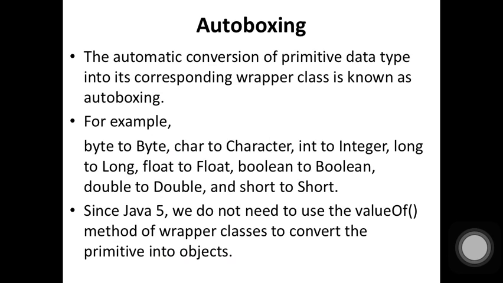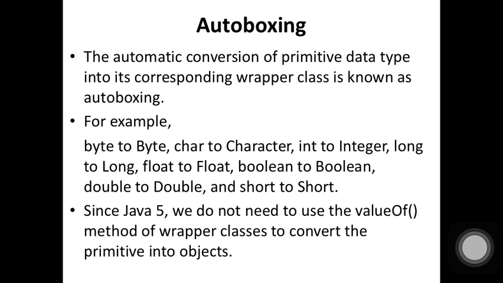The best example is whenever you are assigning a byte to Byte, or char to Character, int to Integer, in that situation this boxing or conversion will take place automatically. Since Java 5 we do not need to use the valueOf method of wrapper classes to convert the primitive into objects.